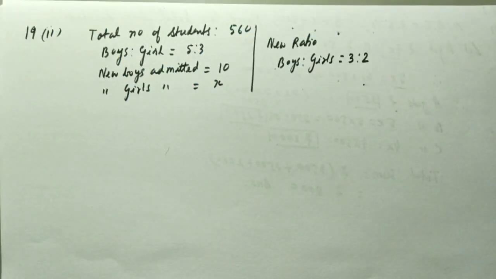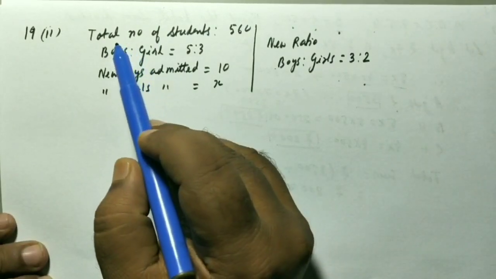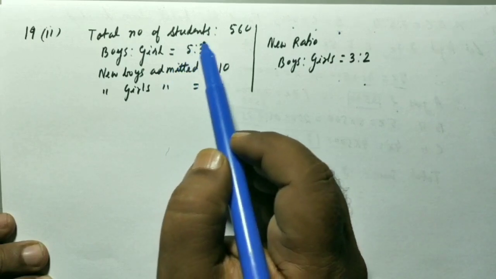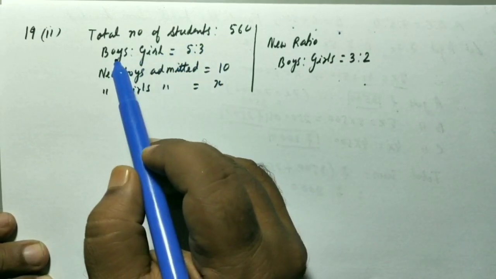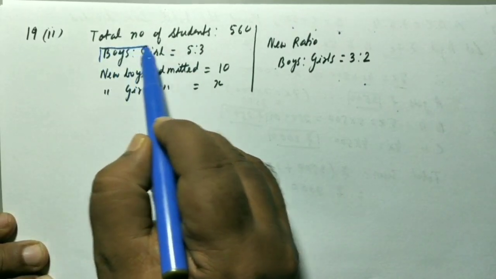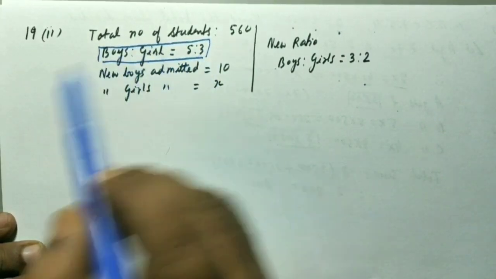There's another question, 19th. The question is, there are total number of 560 students in a school and the ratio of boys to girls is 5:3. So first step is to find how many boys are there.